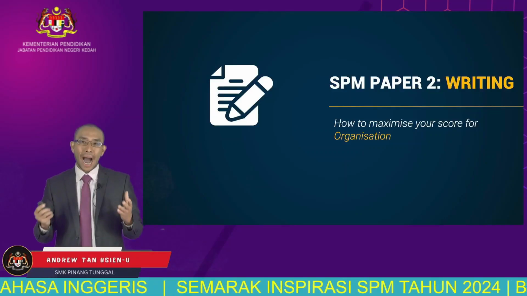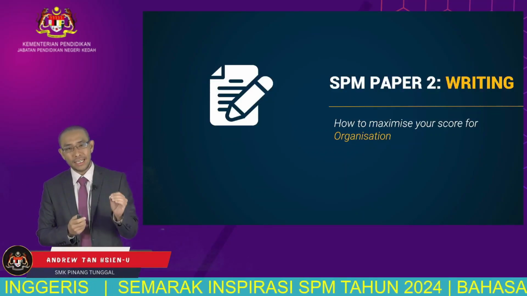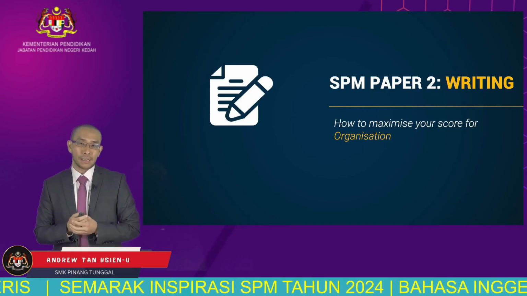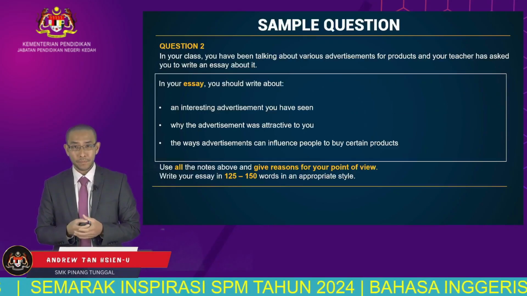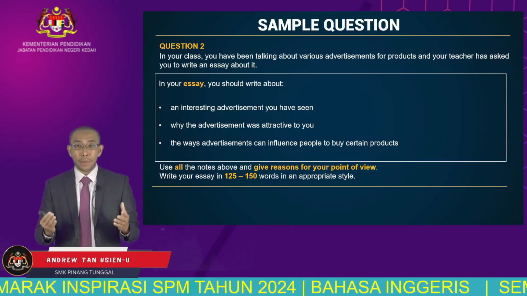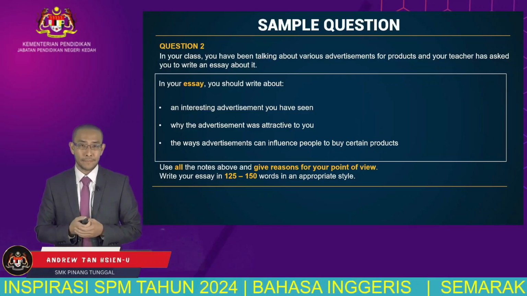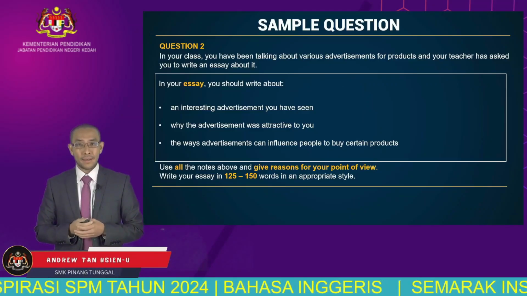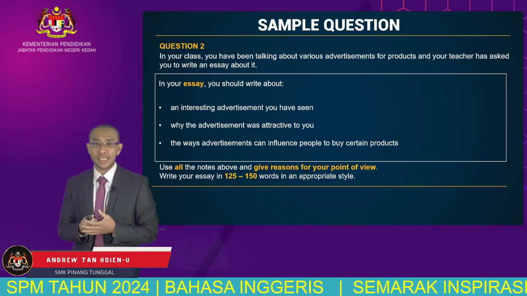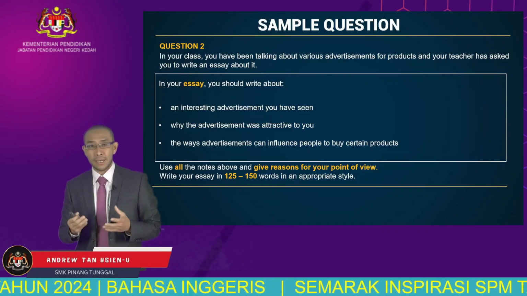So let's look at how we can maximize our score for organization, which is a key assessment criteria for all the writing parts across the writing paper. All right. Now, for this purpose, we're going to take a look at a sample question for part 2 of your writing paper, guided writing. Let's read this together. In your class, you have been talking about various advertisements for products, and your teacher has asked you to write an essay about it.